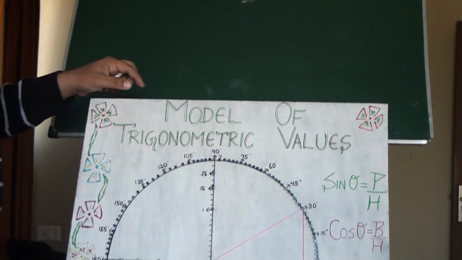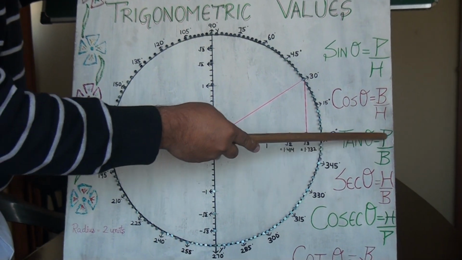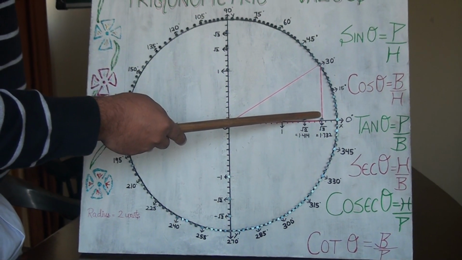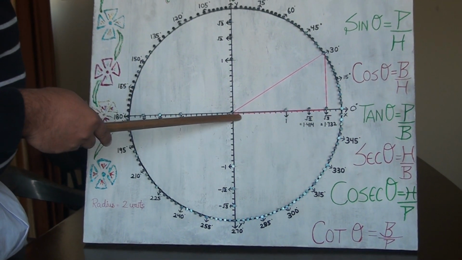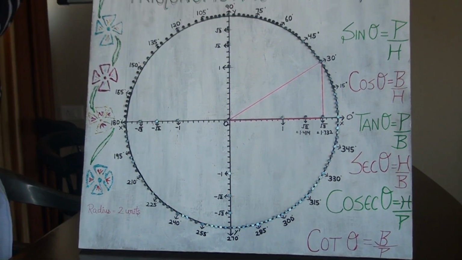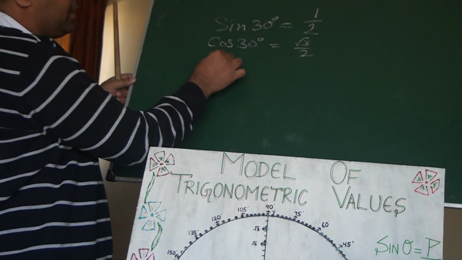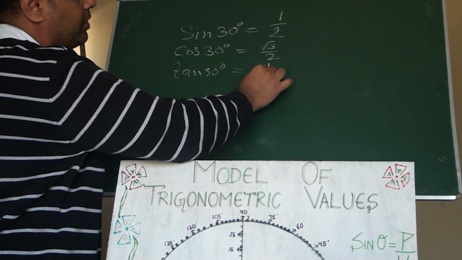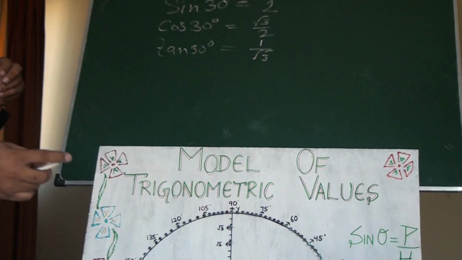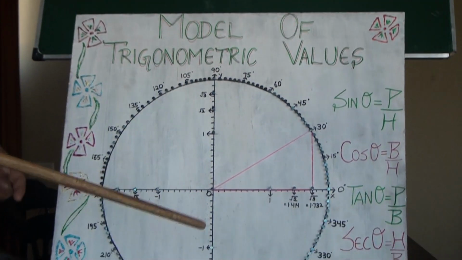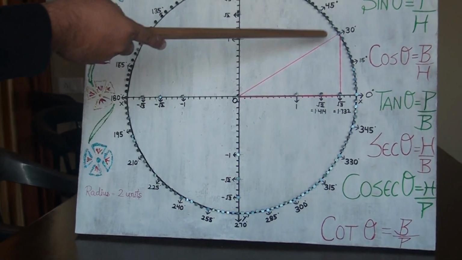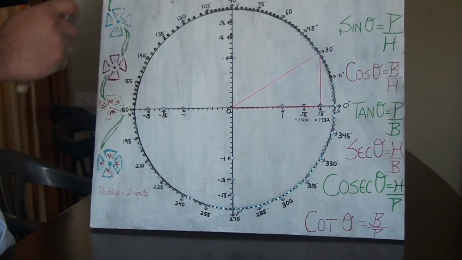Next, we know that tan theta is equal to perpendicular over base. The perpendicular is equal to 1 unit and the base is equal to root 3 units. It means tan 30 degrees is equal to 1 upon root 3. Similarly, we can find the values of secant 30, cosecant 30 and cot 30 with the help of this model.